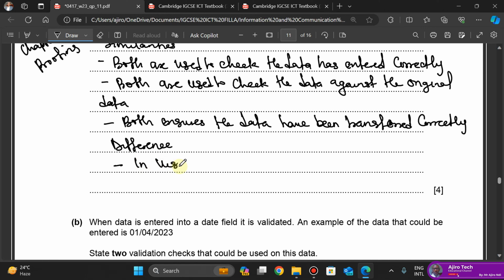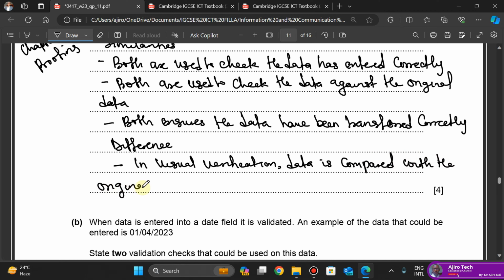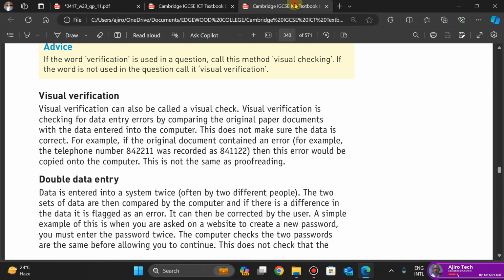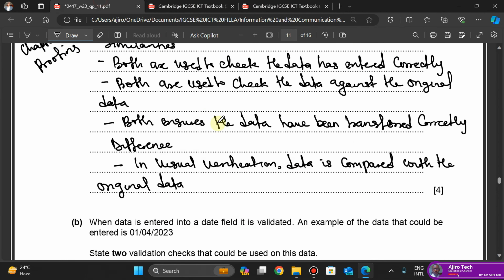In visual verification, data is compared with the original document.